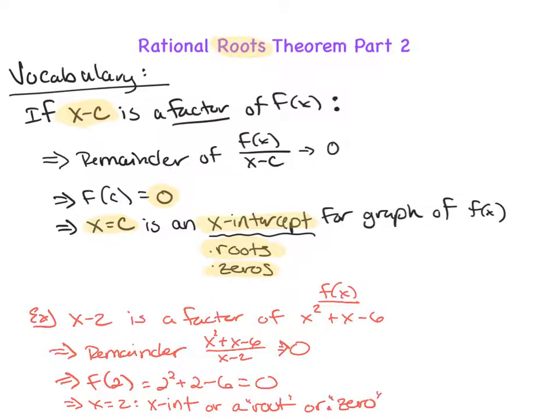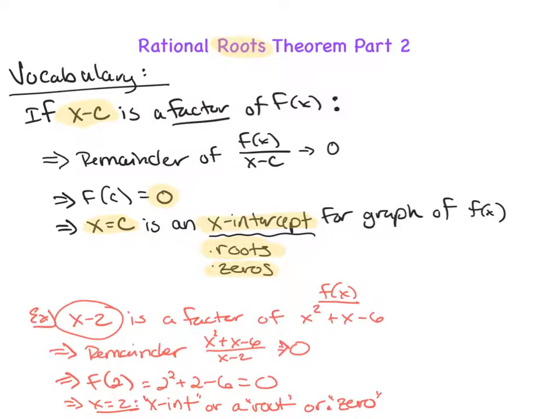So a root, a 0, an x-intercept are all the same, meaning that they mean the same thing, assuming that we're talking about real numbers. And that means that x minus that number is a factor. So factors, roots, x-intercepts, zeros, they're really closely related to each other.